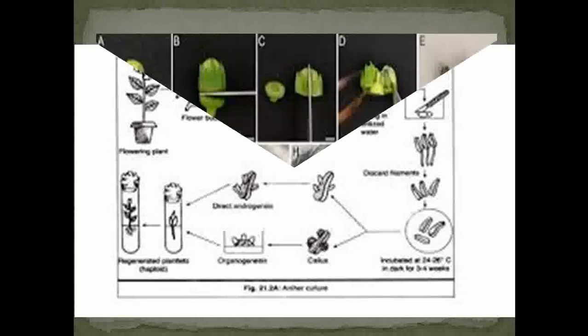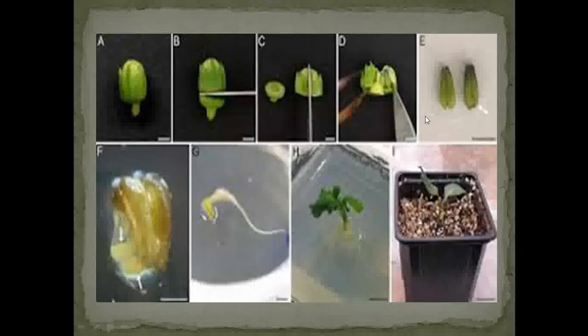Okay, then next, whenever we carry out this experiment, this is our floral bud. See here, after proper sterilization you can cut them. These are the anthers. Firstly you visualize the anthers for germination. After germination you can subculture them, and after subculturing you are able to get the plantlet.